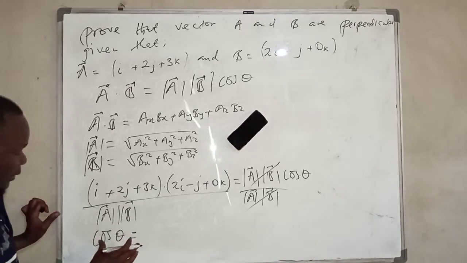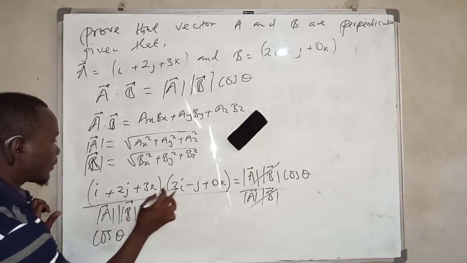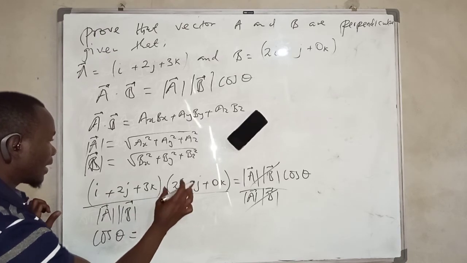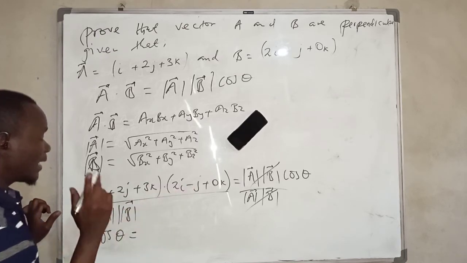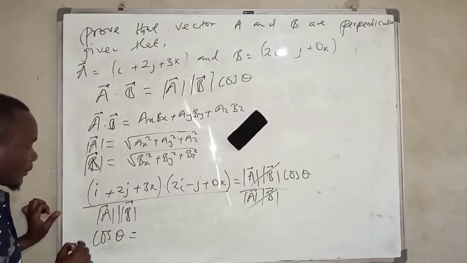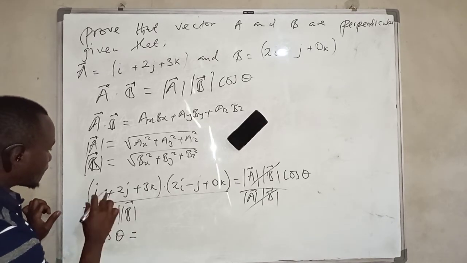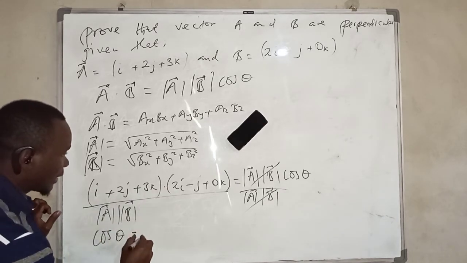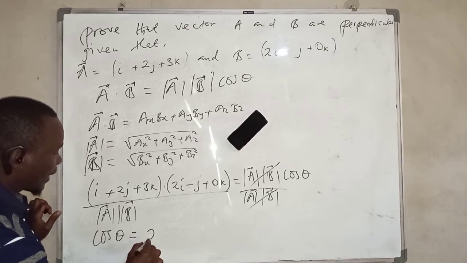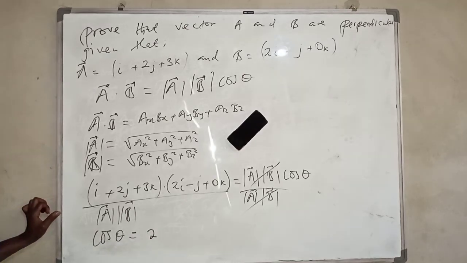So this times this, we have 2, then i squared is 1, and 1 times 2 is simply 2. So we have 2 here.